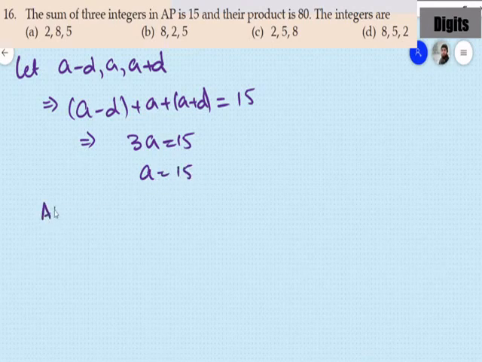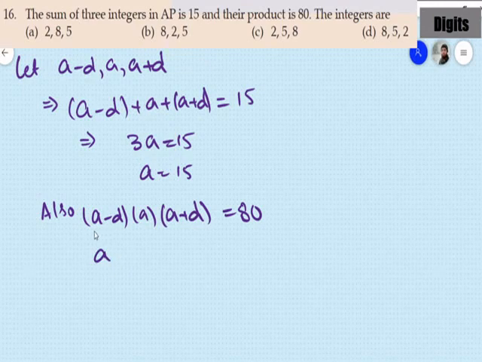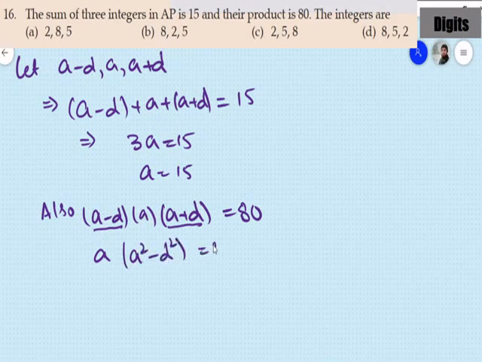Also it is given their product, that means A minus D into A into A plus D is equal to 80. Therefore it will be A into A minus D into A plus D, which by the formula is A into A square minus D square, equal to 80.